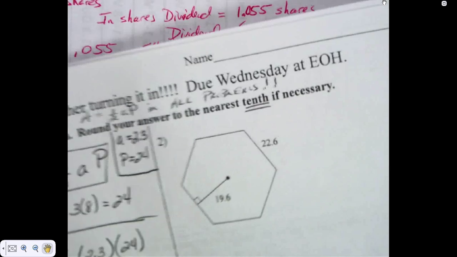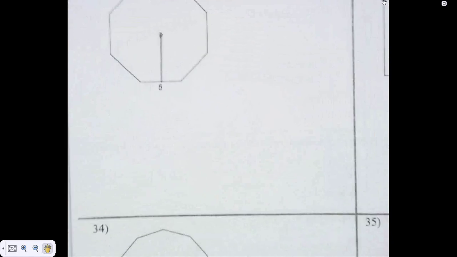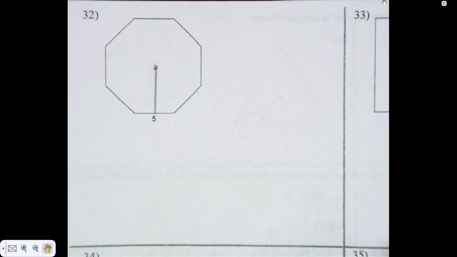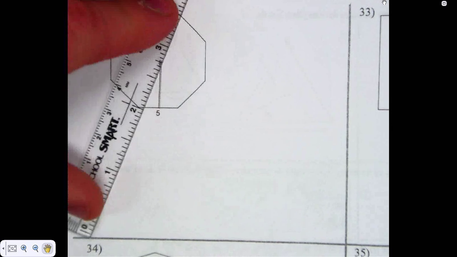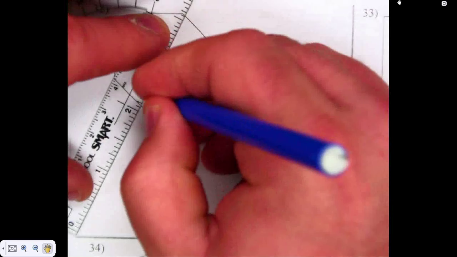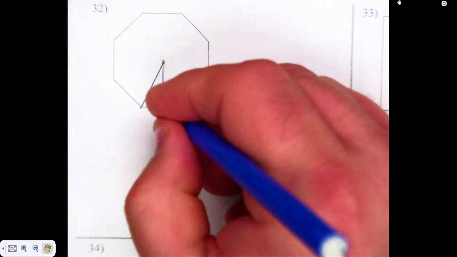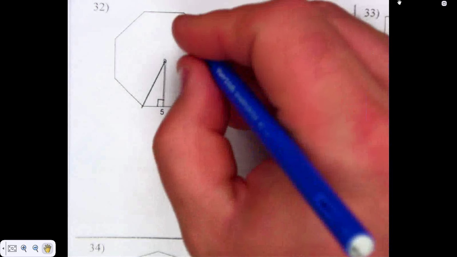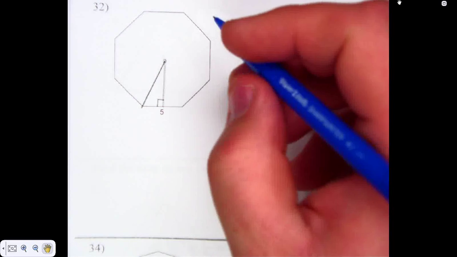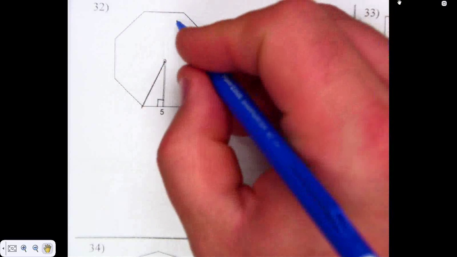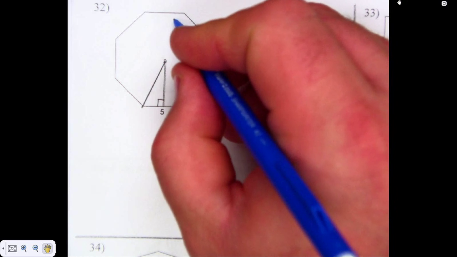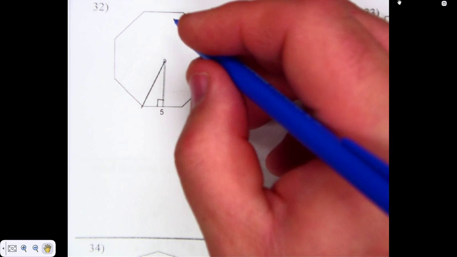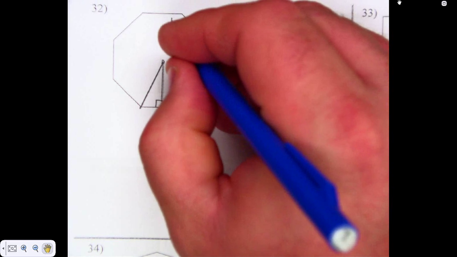Let's look at number 32. These are the ones where I drew them for you. Right now, you know you don't have both of them, so just finish out your triangle. How many sides does this thing have? What is the base angle of an 8-sided regular polygon? What does it say in your notes? 120?